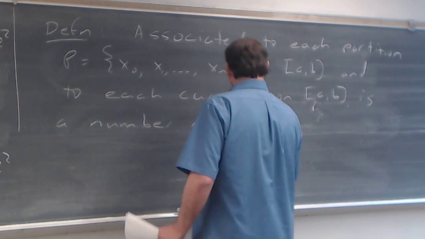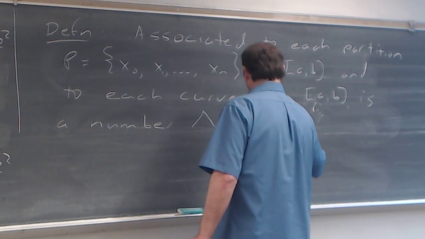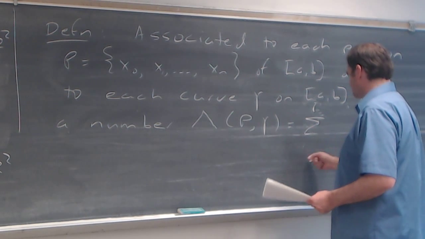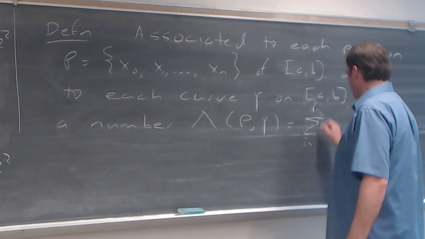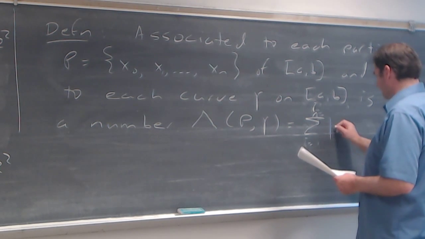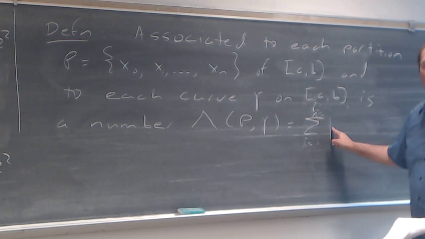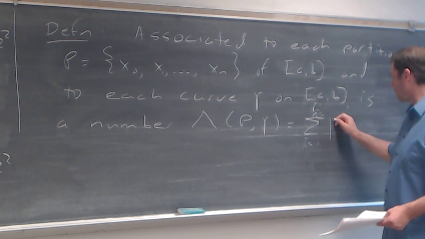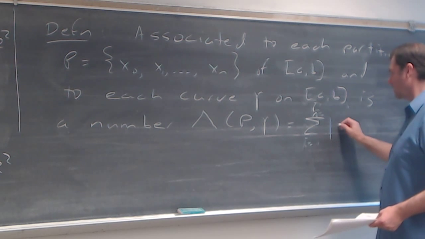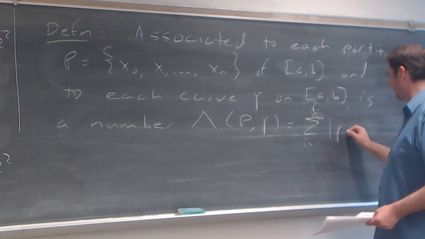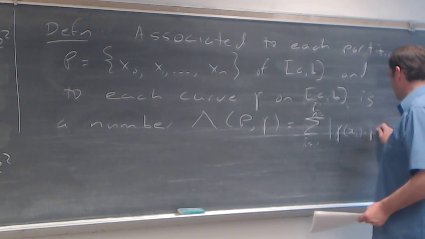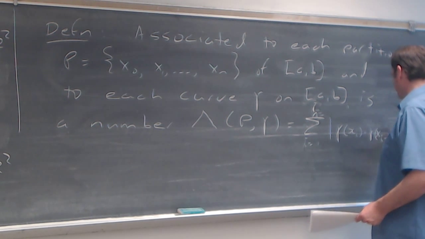It depends on the partition and the curve, and it's equal to the sum, as I run from 1 to n, of the norm. A lot of times I use double bars, but I'll use single bars. Here's what it's going to be: gamma of x of i minus gamma of x of i minus 1.